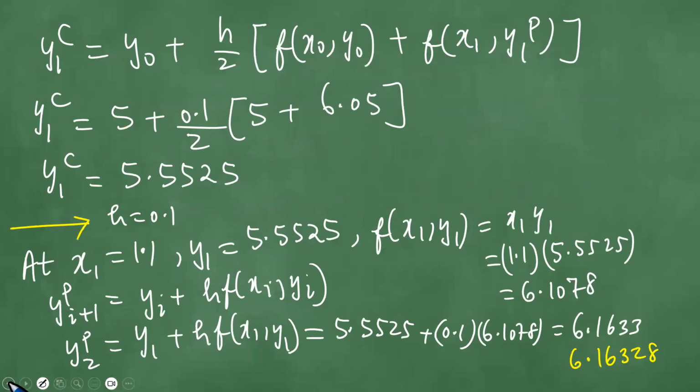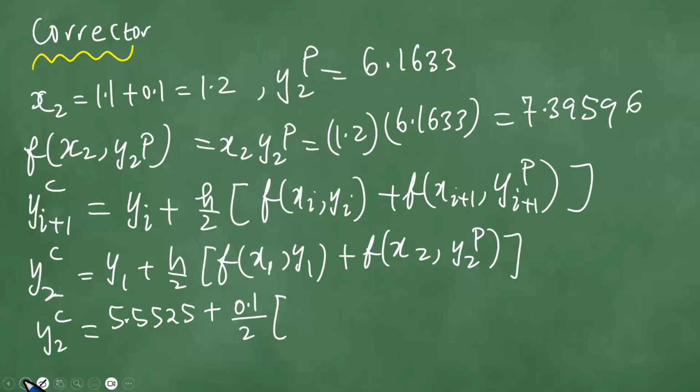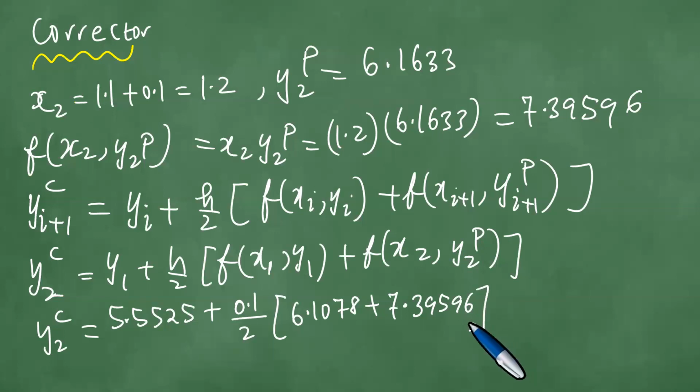f of x1, y1 is exactly what we got, which is 6.1078. 6.1078 plus, and now we have f of this. We got this one here, which is 7.39596.